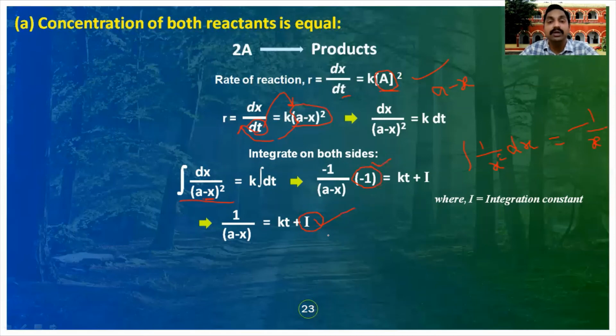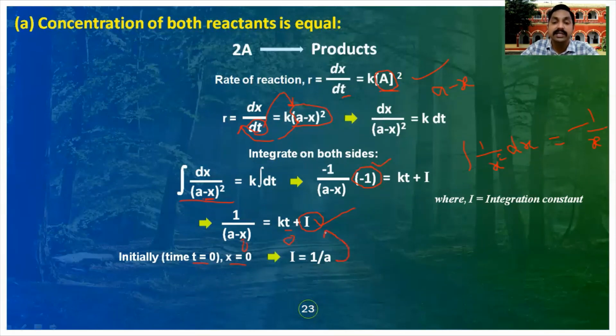At time t equal to 0, इनिशियल कंसंट्रेशन कोई डिकम्पोज नहीं हुआ, इसीलिए x का वैल्यू 0. That is why substitute x is equal to 0 and time t equal to 0. तो t की जगह 0 और x की जगह 0. तो क्या आएगा हमें? I is equal to 1 by a. Substitute this value in this equation.